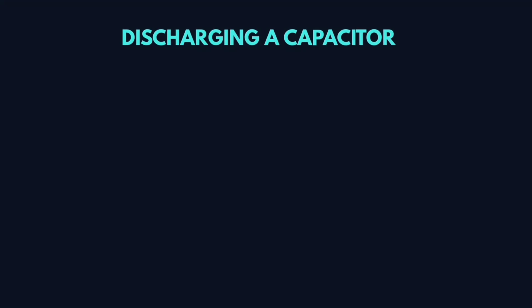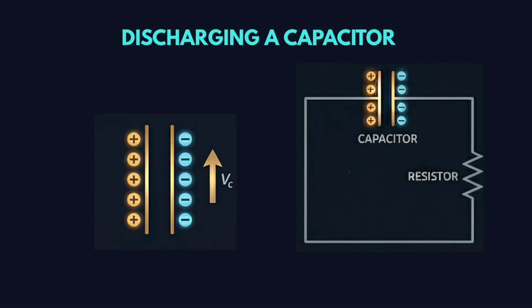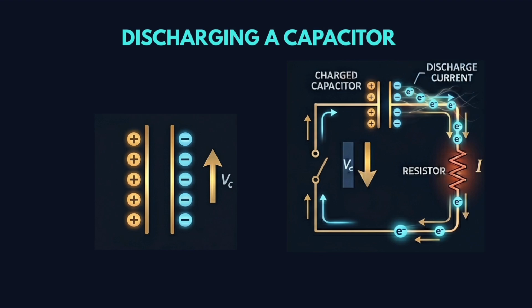Discharging a capacitor. Now remove the battery. The charges remain separated. So when you connect a resistor, the resistor creates an external path. Electrons do not cross the dielectric, they move through the resistor. The stored field energy becomes heat.